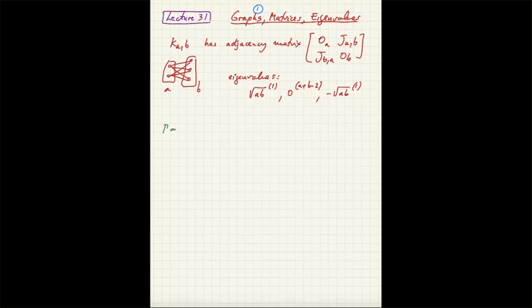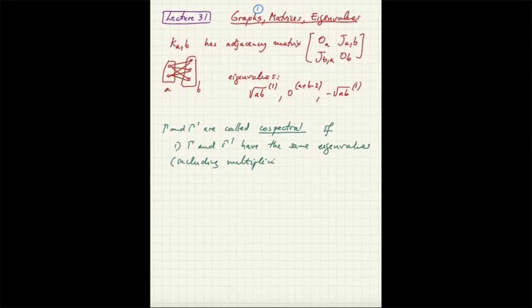So let's say gamma and gamma prime are called co-spectral if, one, gamma and gamma prime have the same eigenvalues, including multiplicities, and here we're using the adjacency matrices. And two, gamma and gamma prime are not isomorphic.